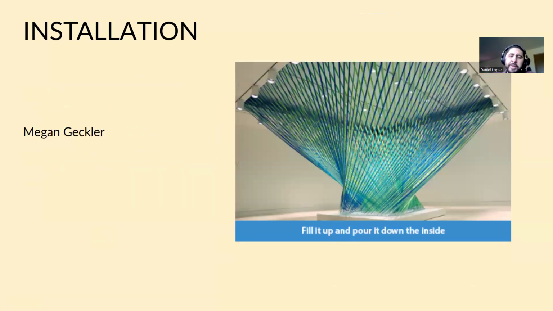So here's an example of Megan Geckler. She uses flagging tape for these installations. Okay, so you can see for this artwork that the flagging tape starts from this indentation in the wall, or this recession, I should say, and ends on this platform here.